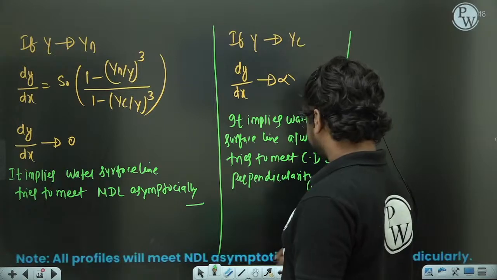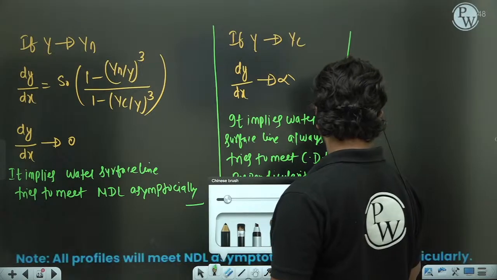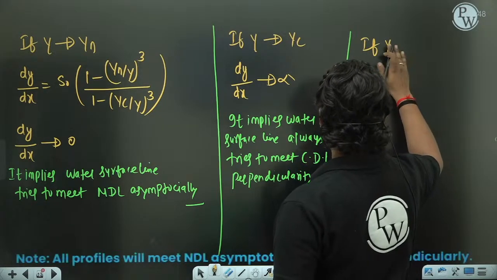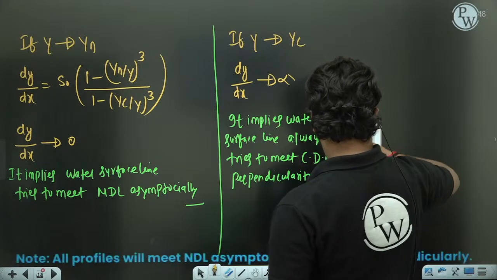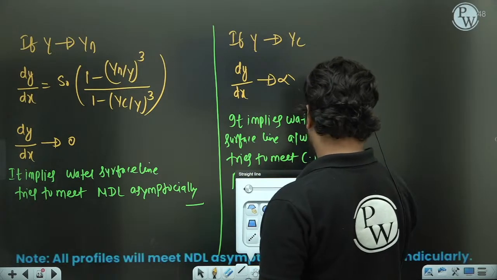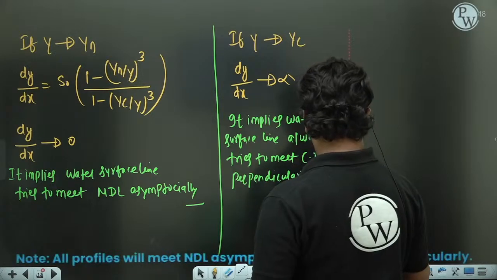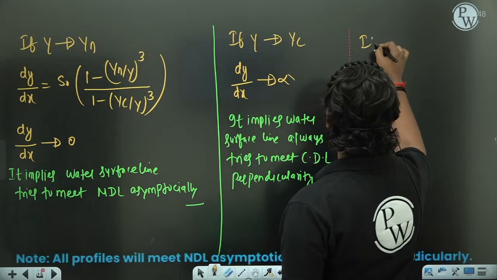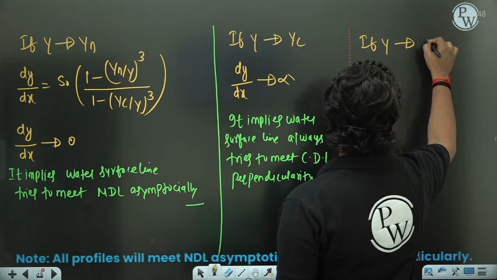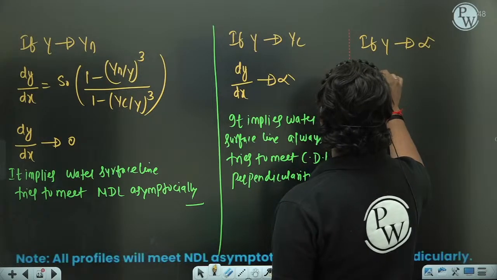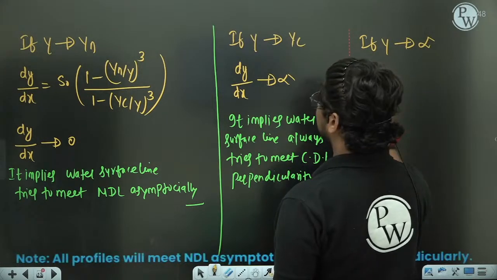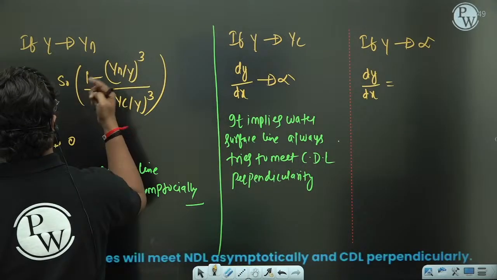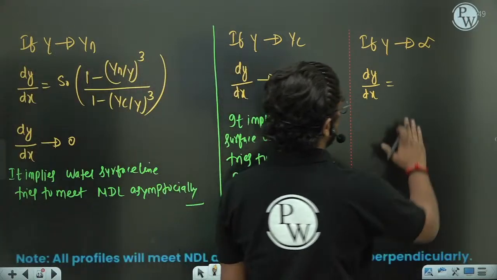Next thing, if y tends to infinity, then what will dy upon dx be? If y tends to infinity, this value you get as 0, and this value also you get as 0. So 1 by 1 will be 1 only, so dy upon dx tends to S0.